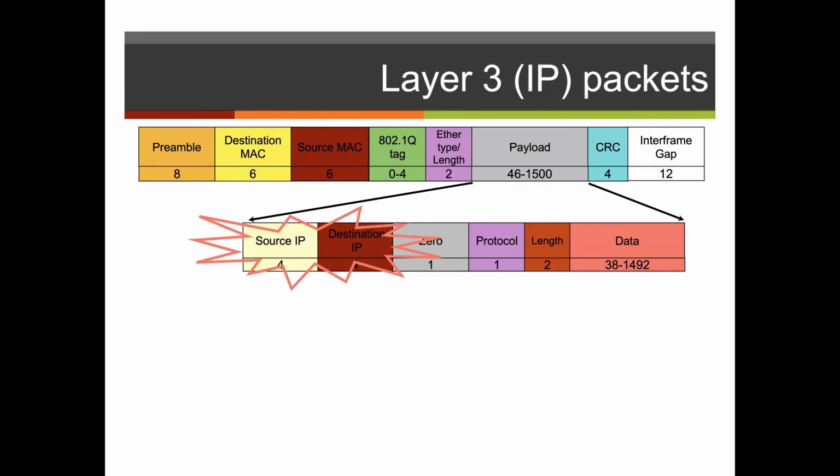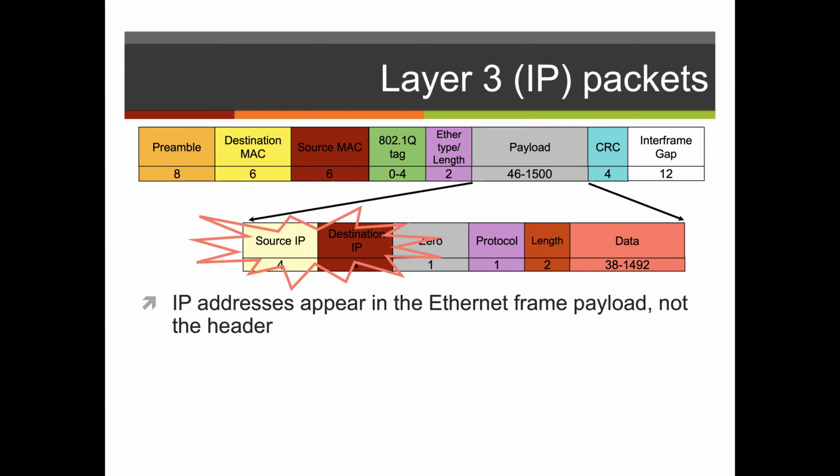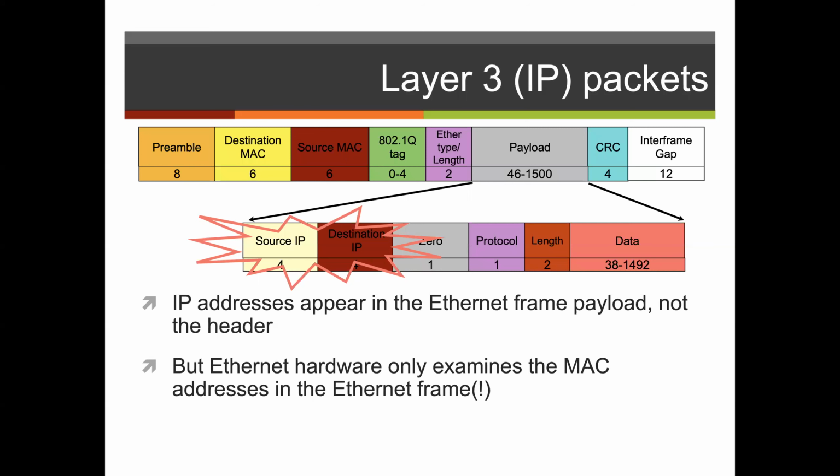In order to accomplish this, we consider layer 3 packets. And so we have to consider that the IP addresses appear in the Ethernet frame payload, not in the header. But Ethernet hardware only examines the MAC address in the Ethernet frame. So how exactly can we connect these two layers?